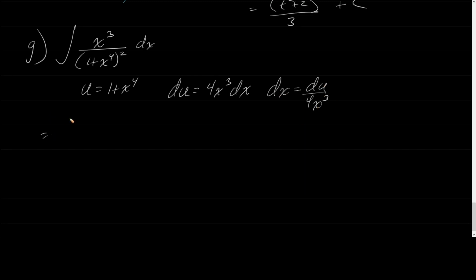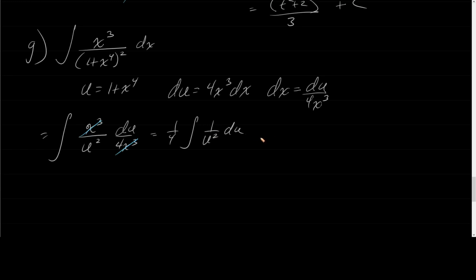At this point, the integral becomes, well, that x to the third, that wasn't part of my substitution, it's still there. This 1 plus x to the fourth, that's my u, so u squared. This dx is du over 4x cubed. The x cubes cancel each other out, so we end up with 1/4 integral of 1 over u squared du.